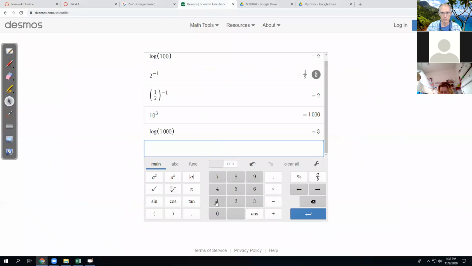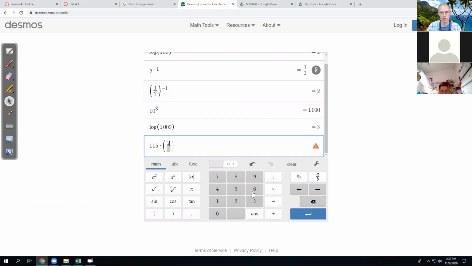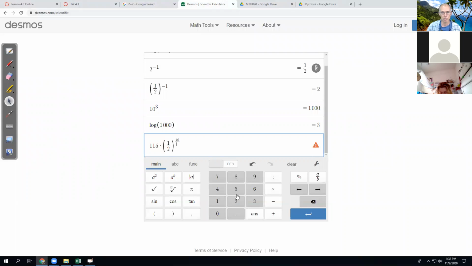Desmos. All right, so mine starts at 115, and then I multiply by parentheses 1 over 2, and it makes a nice pretty fraction. Oops, if I could type correctly. 1, there we go, over 2. Oh, come on, Desmos, get down there. And then I want to raise that to the power, and this one is going to be 10 over 5.5.